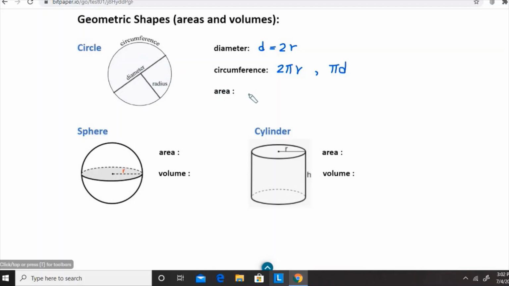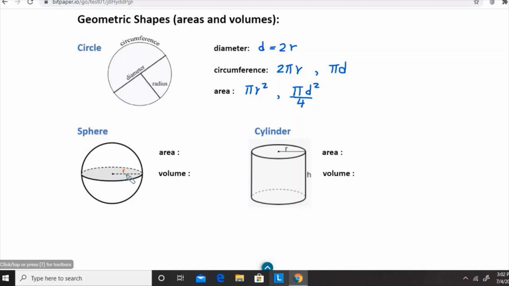Area of a circle is pi r squared, where r stands for the radius. Again, you can represent this in terms of the diameter, then it would be pi d squared over 4. So these are important things that you have to remember, especially in this course. Now let's talk about the surface area of a sphere.